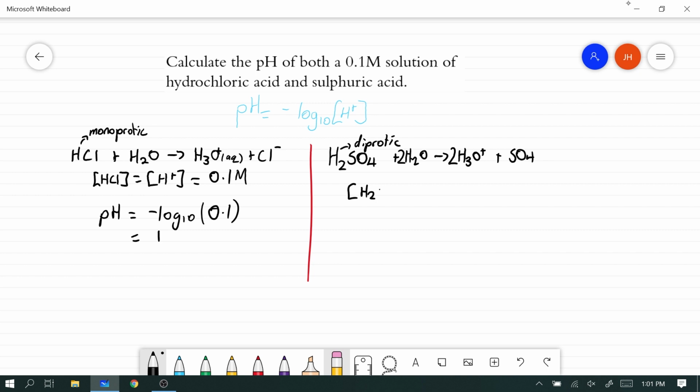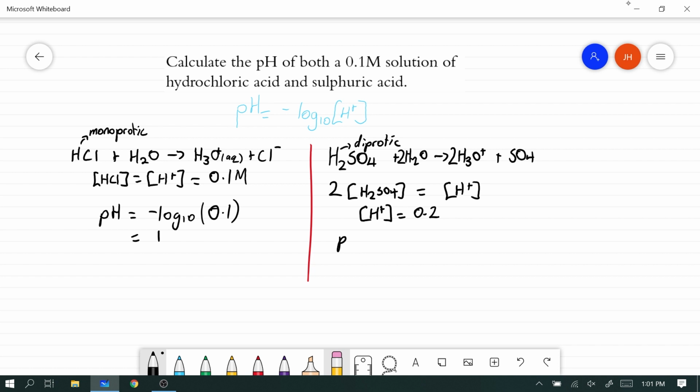So the concentration of sulfuric acid is not going to be the same as the concentration of our hydrogen ions. In fact, what we will see is we're going to have to double the concentration of our sulfuric acid to match the amount of hydrogen that is being produced, meaning that the concentration of our hydrogen ions is actually equal to 0.2.